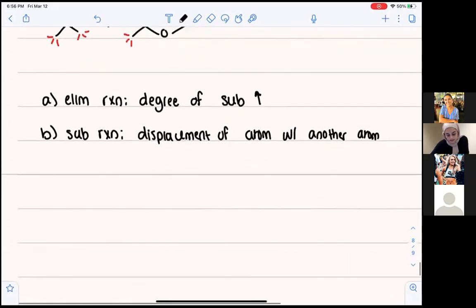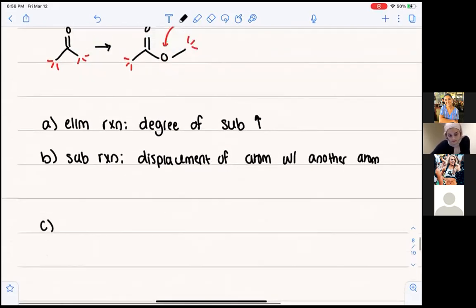Is this C, a reduction reaction, where we have a decrease in the number of C double bond O, so a decrease in the degree of oxidation?